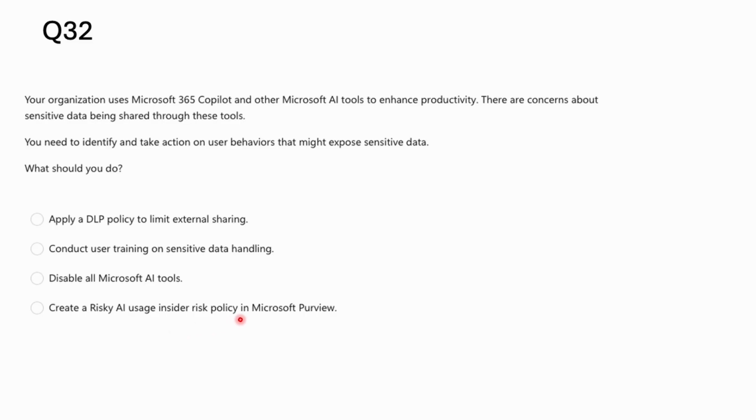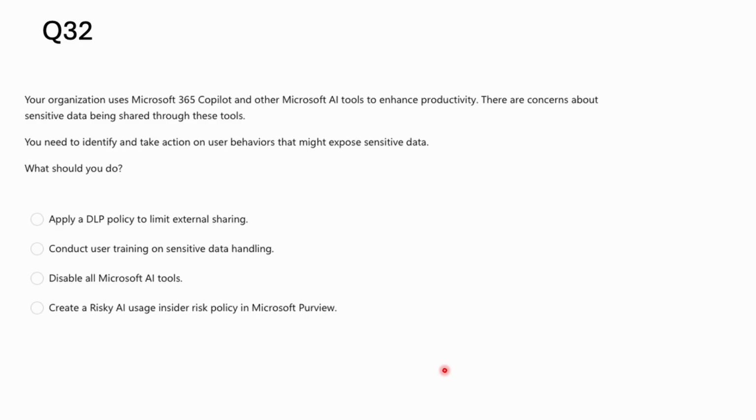So to proactively identify and take action on user behaviors that might expose sensitive data through Microsoft 365 Copilot and other AI tools, we should create risky AI usage inside a risk policy. We get this option in Microsoft Purview. Why? The risky AI usage policy template in Microsoft Purview inside risk management is designed to detect and alert on activities involving AI tools that may lead to data exposure.